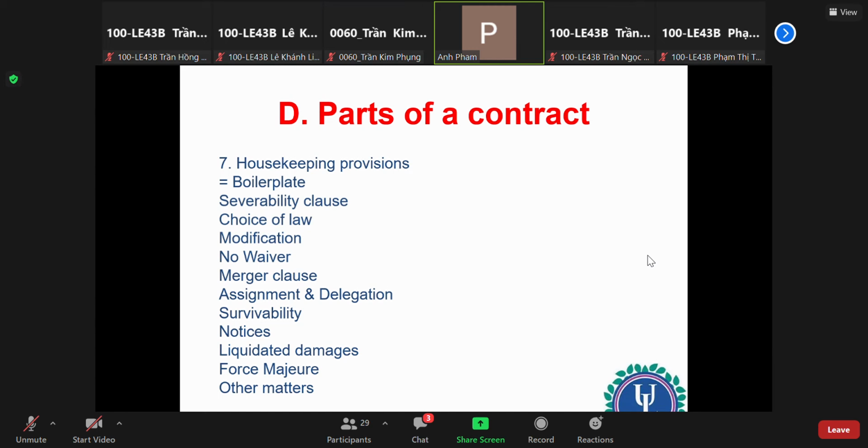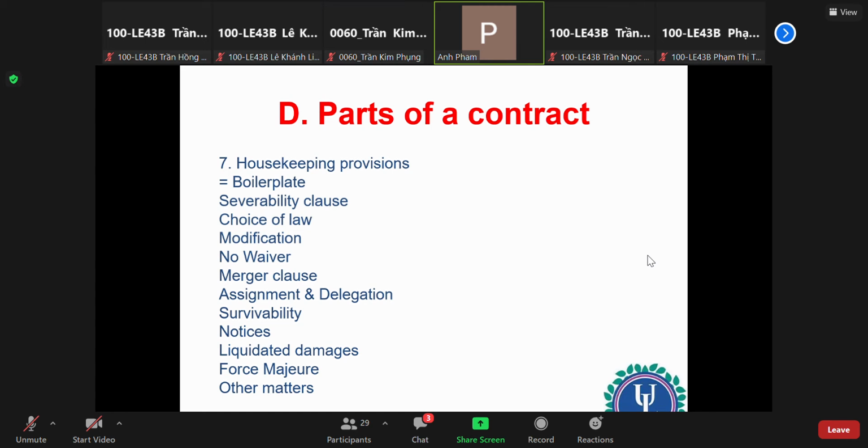And about modification, which means the amendment of a contract. It is implied by law that if the contract is made in this form, then the modification is also made in the same form.